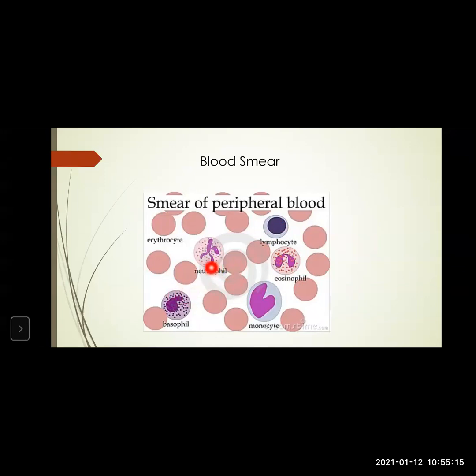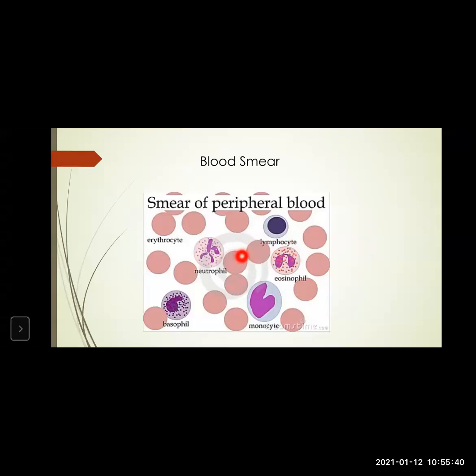Okay, so erythrocytes, neutrophils, lymphocytes, eosinophils, monocytes, basophils, a single tissue, that is blood, is composed of all these types of cells, as well as it contains plasma, which is a liquidy matrix in it.